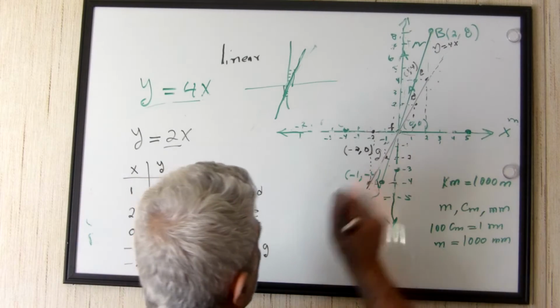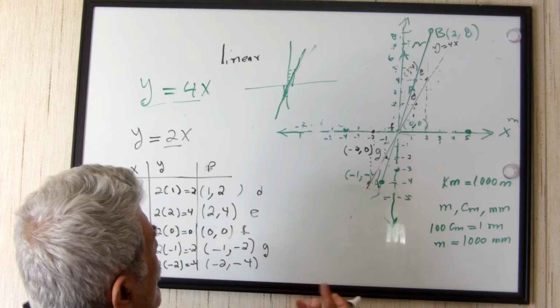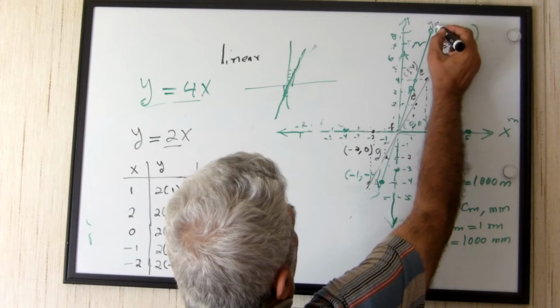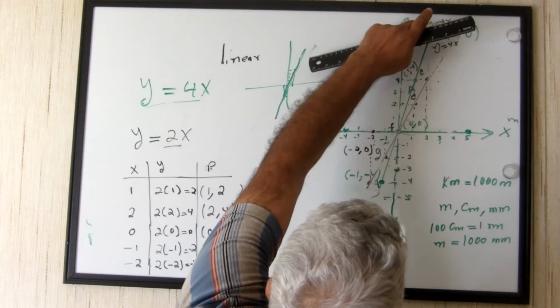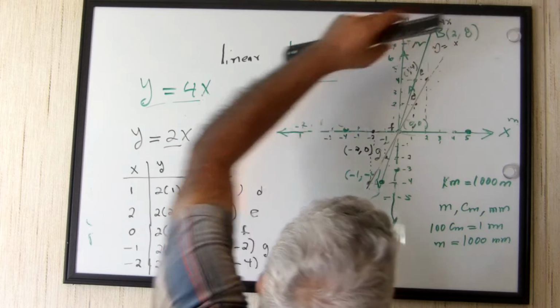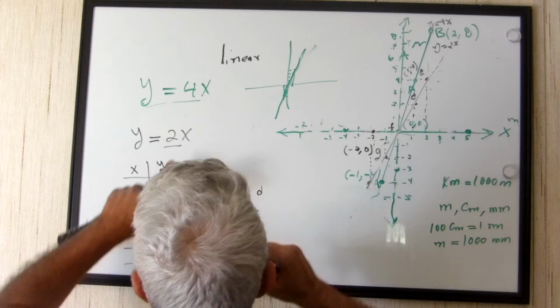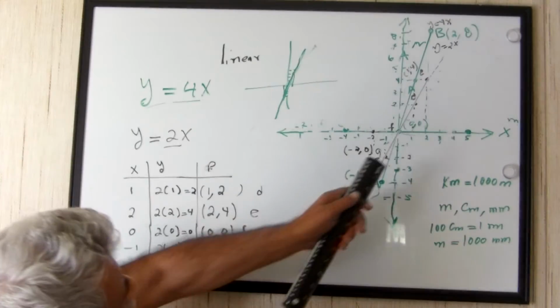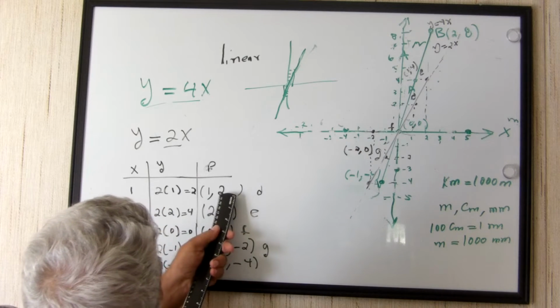The thing I was trying to say, this is y is equal to 4x. This is the graph of that function, but this graph is of the function 2x. You know, 2x and 4x. We just give numbers to it. If x is 1, y is going to be 2.